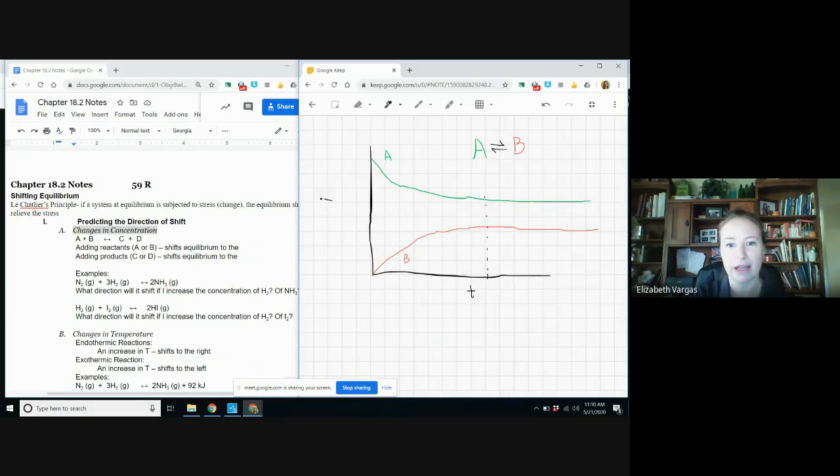And this is my concentration over here. Okay, whoops, it's an O. Concentration is on the y-axis over there. And so for this example, I drew it opposite of last time on purpose. The A decreases a certain amount and then it stops.